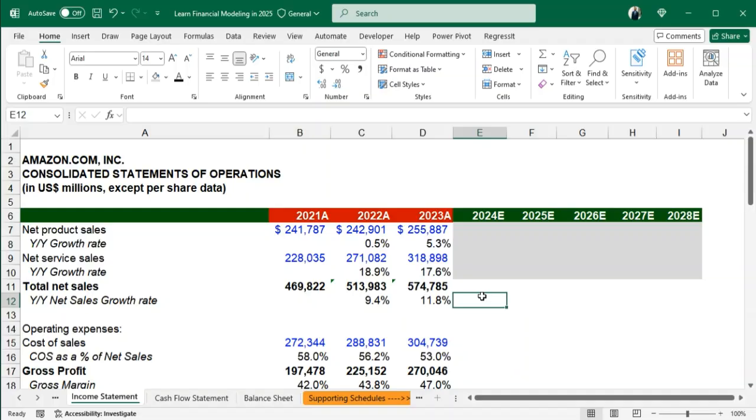Now, making projections requires an extensive understanding and research of the core business model of the company in question, how it generates its revenue. We have to understand the cost structure and beyond to best get a handle on the future performance of any business before we can make projections. All right.